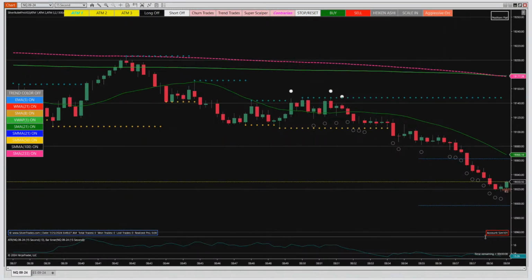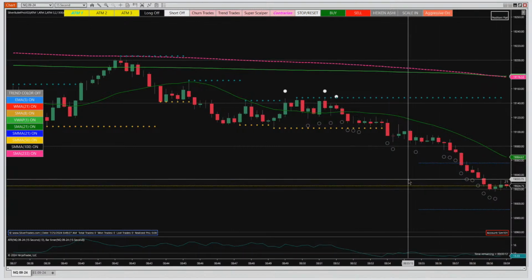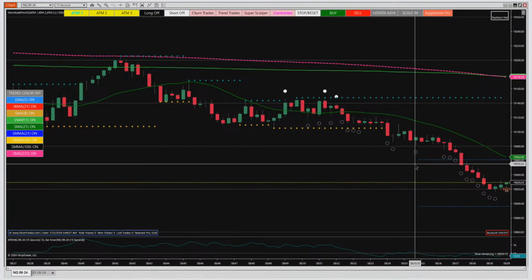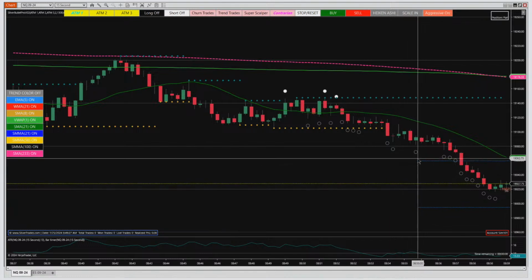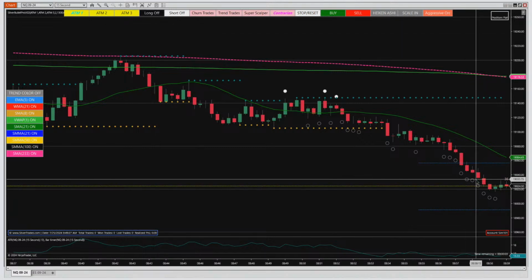The only challenge I have here is that even on the 15-second chart, the ATR is very high. This is not the ATR I like. This is not the ATR I prefer. So I want to wait for the market to cool down.